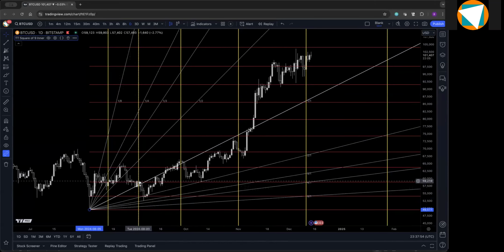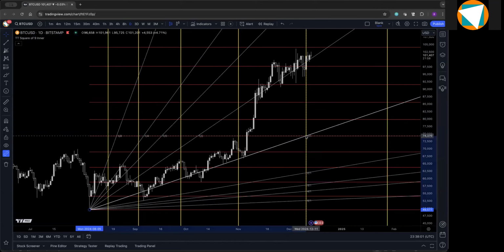So let's lower that 1 by 1 down to here. Okay. And yeah, this is really nice. We can see how price is tracking that upper 1 by 2. We can see how price got above the Gann fan, the 1 by 1 held above the Gann fan, and then pushed straight up. So let's try it one more time.